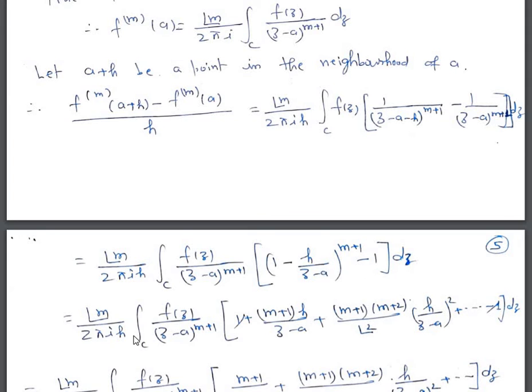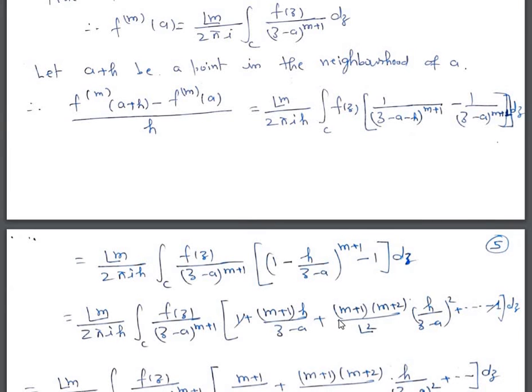So expand by binomial theorem. We have factorial m upon 2 pi i h integral over C f(z) upon (z minus a) to the power m plus 1 into [1 plus (m plus 1) h upon (z minus a) plus (m plus 1)(m plus 2) upon factorial 2 h upon (z minus a) whole square and so on, minus 1] dz. Plus 1 minus 1 gets cancelled.